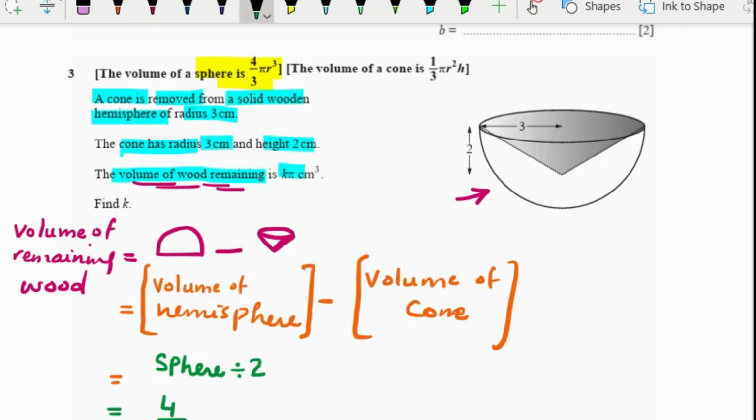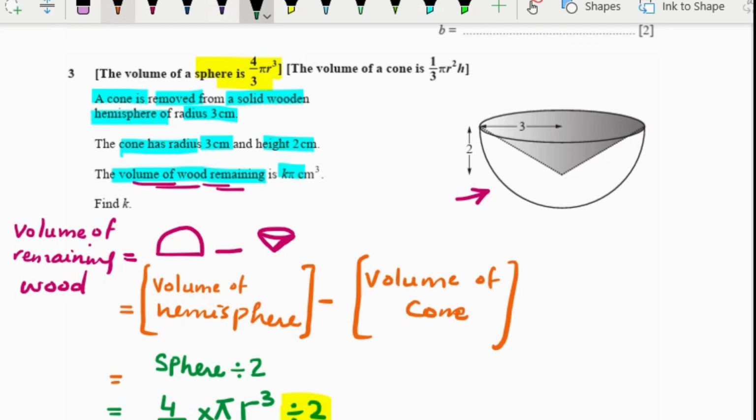The formula is 4/3 pi r cube, divided by 2. You can write it as it is because it's difficult to put a line here and divide by 2, since we already have a fractional coefficient. So it is better to go with divided by 2.